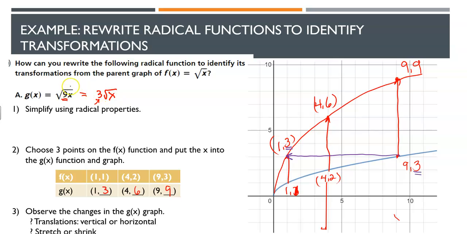Especially when it's underneath, we would call that a horizontal compression. But when we pull it outside, we call it a vertical stretch. Because here we're looking at what happens to the x's when the y's stay the same. This is what happens to the y's when the x's stay the same. That's the difference between the two, and it's not a huge thing, but it's something I just wanted you to be able to look at.